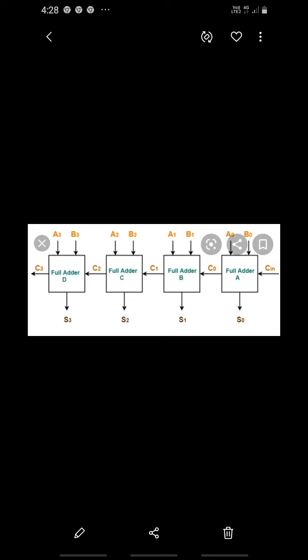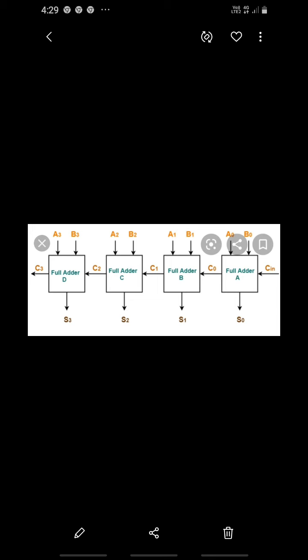So here you can take these two numbers and add them: 1, 0, 1, 0 and 1, 1, 0, 1. So adding these two, we get the sum and carry output.